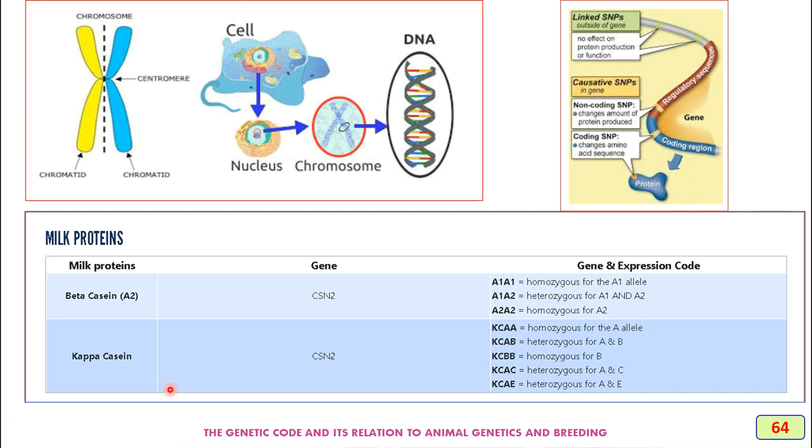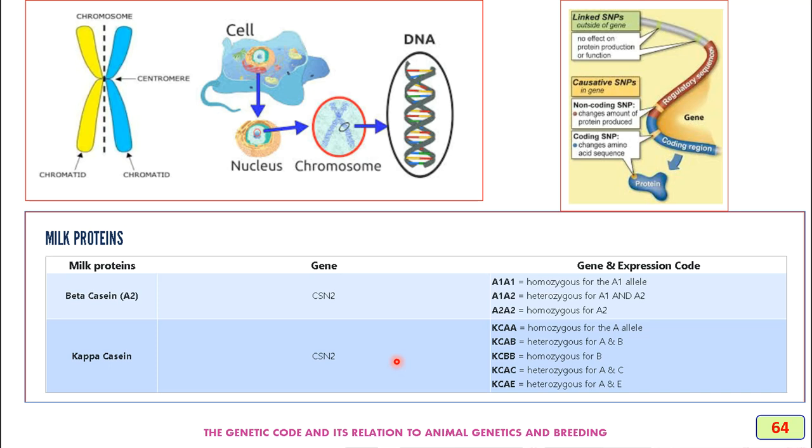Then milk proteins, like we are talking about A1 and A2, are also related to genetics. Beta casein is also called the A2 protein. The gene responsible for this is CSN2: homozygous for the A1 type of alleles, heterozygous for A1 and A2, then homozygous for A2.